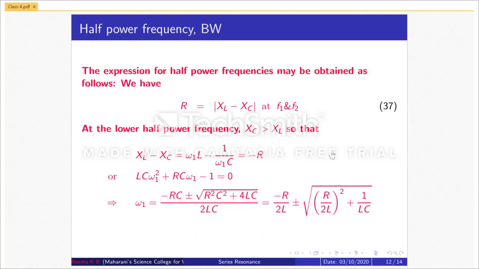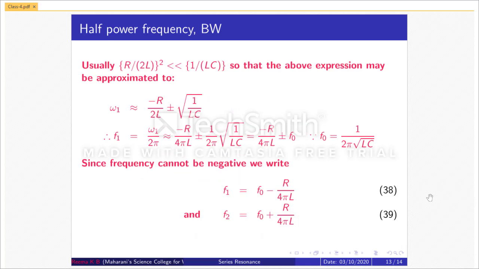At the lower half power frequency, XC is greater than XL, so that XL minus XC is equal to omega 1 L minus 1 by omega 1 C, which is equal to minus R. We express omega 1 as minus R by 2L plus or minus square root of (R by 2L) whole square plus 1 by LC.